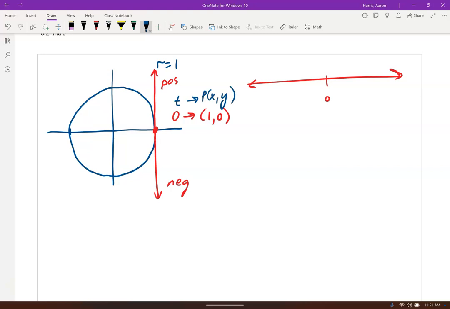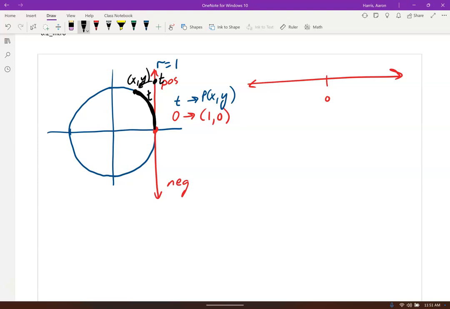Let me go out t distance, and if you can imagine, I'm going to wrap it around so this t locates to a point on the circle x, y. Notice that distance t is my arc length, that's a t distance around the circle.